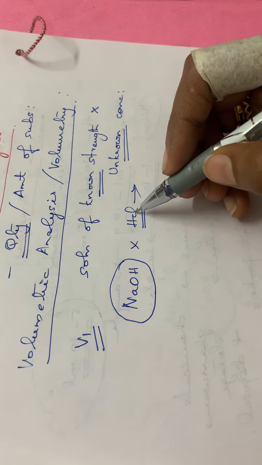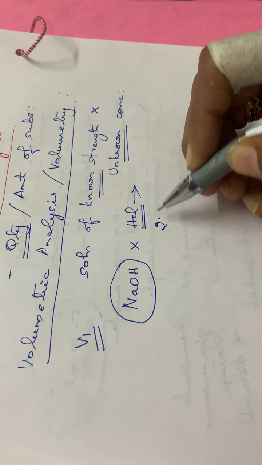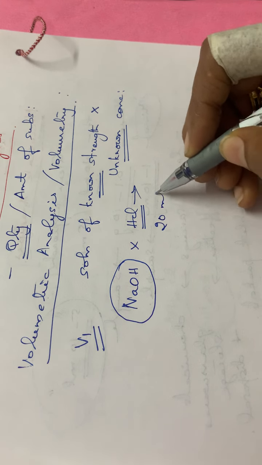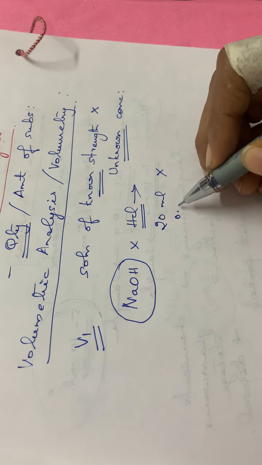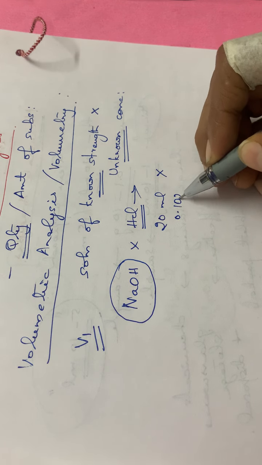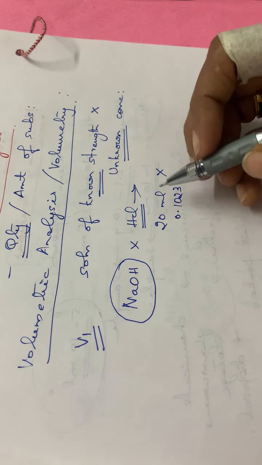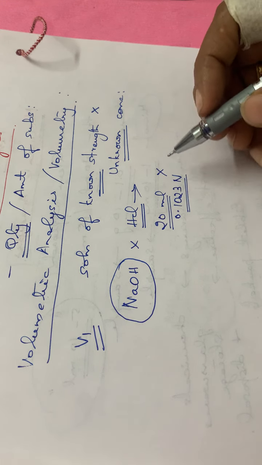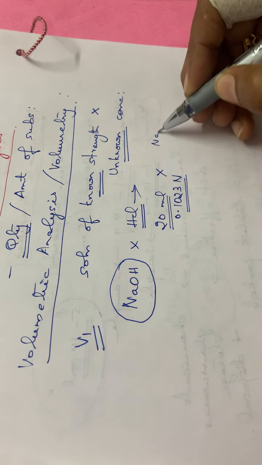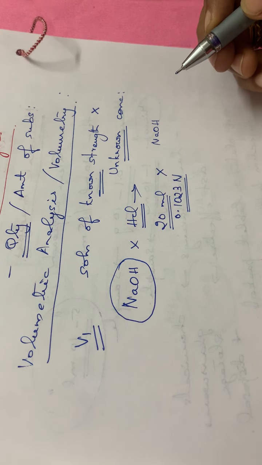So for that we will be taking 20 ml of HCl solution, and say the normality of the solution is 0.1023 normal. So we know the normality of this HCl solution, and to that we are titrating this NaOH solution.